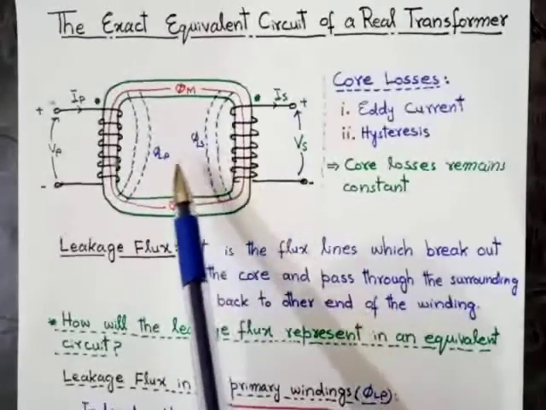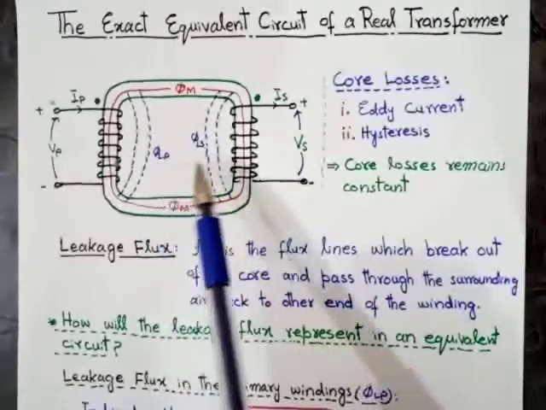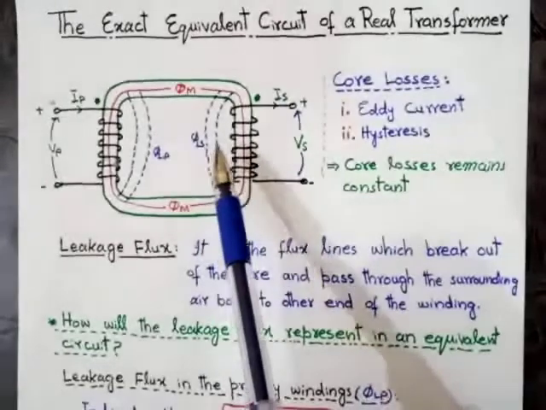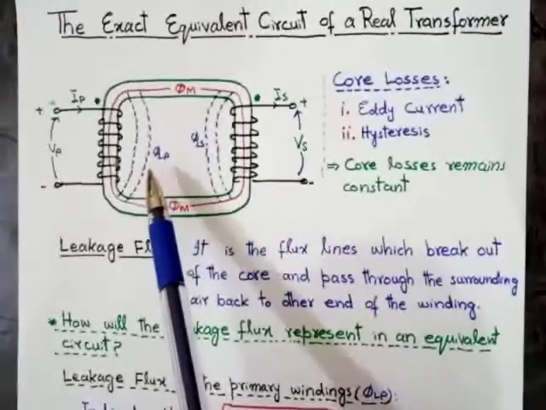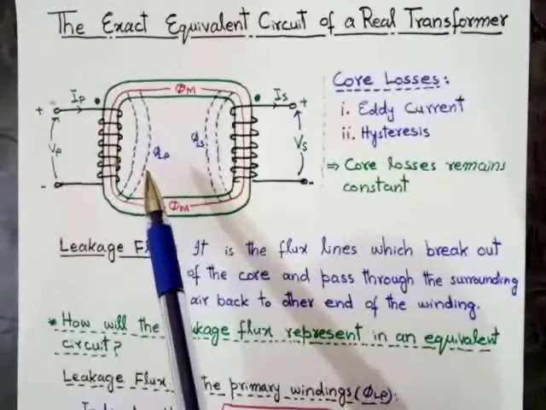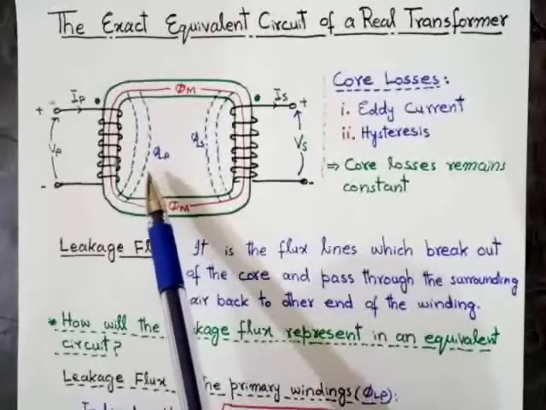We represent the leakage flux with flux LP in the primary winding and flux LS in the secondary winding. For the primary circuit, the leakage flux is flux LP, where L means leakage and P means primary.